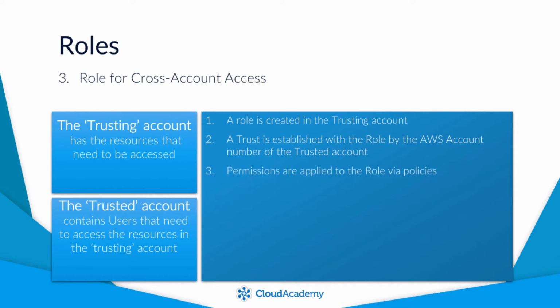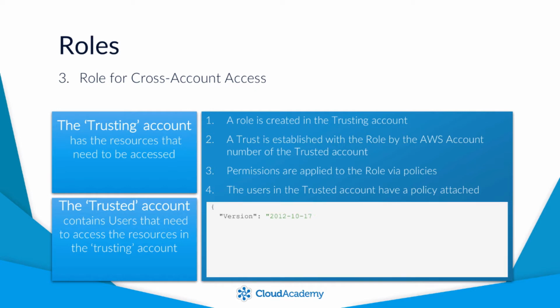Permissions are then applied to the role via policies, and the group of users in the trusted account then need to have permissions to allow them to assume the role in the trusting account. These group of users would have a policy attached to the group, which would look something like the following, where the red text would be modified appropriately with the relevant information.